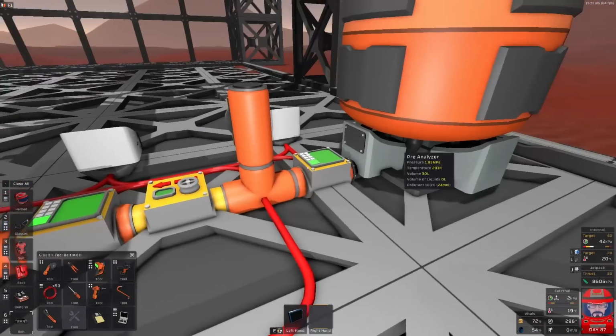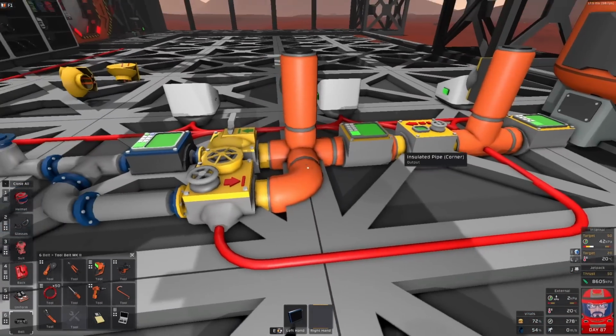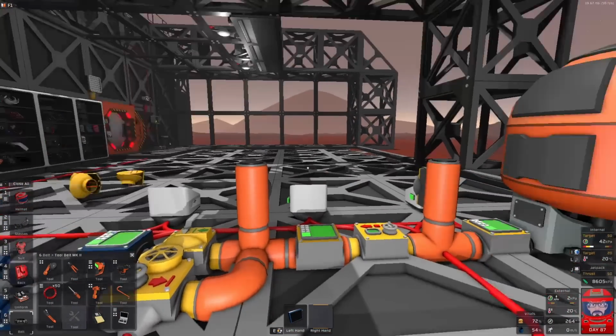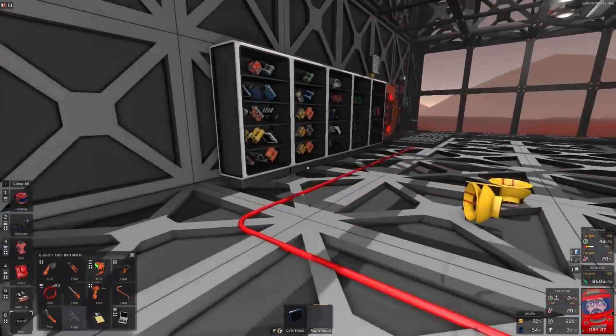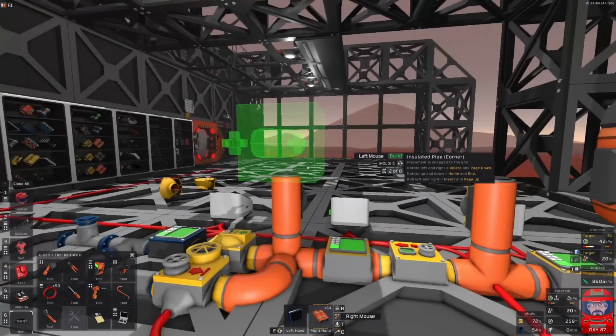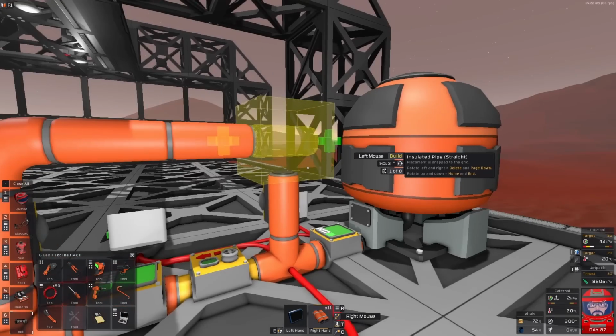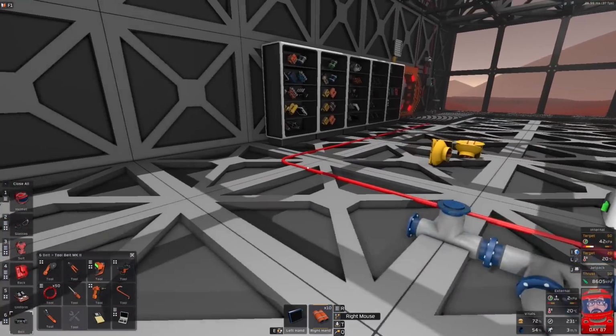Maybe I should return that back to the tank. That might be a better plan. I might just shortcut those two to return it back to the tank. Might be the best way to do it so I don't burst my pipes when I blow it back in. Right, that'll do us.